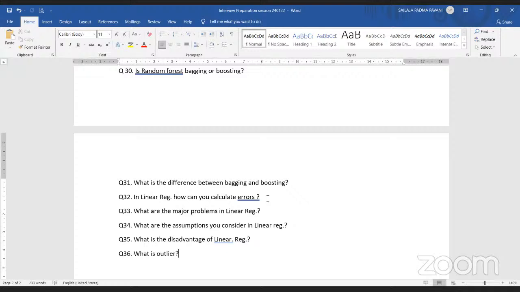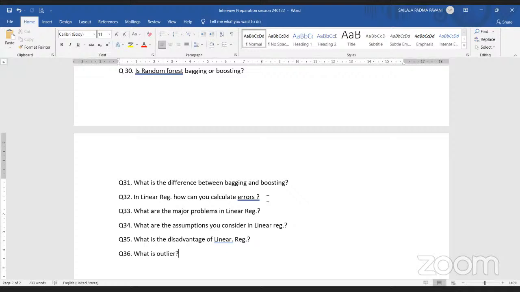By comparing the magnitudes of other observations. So an outlier is something not similar to the other observations of your original data set. It will affect the accuracy of your model.